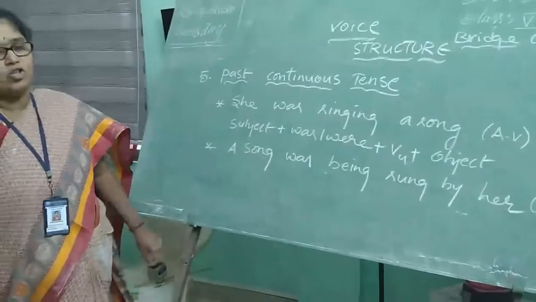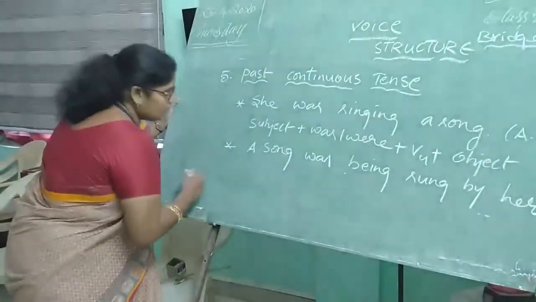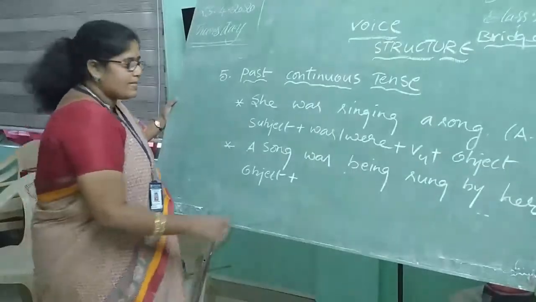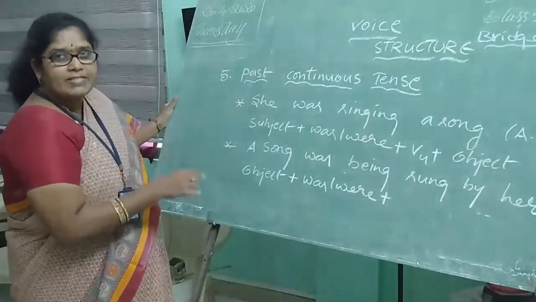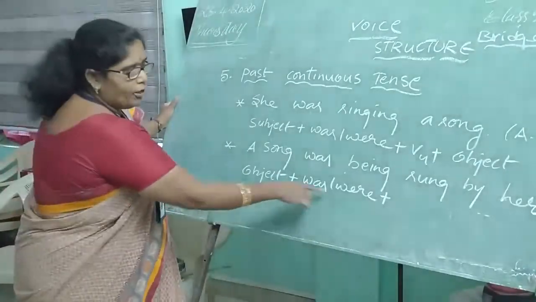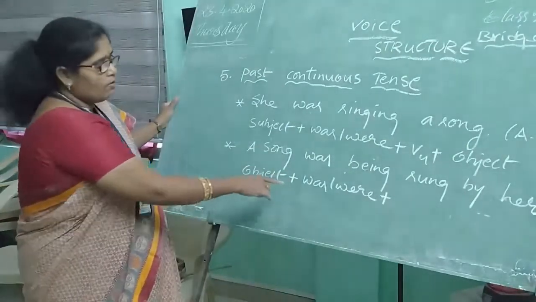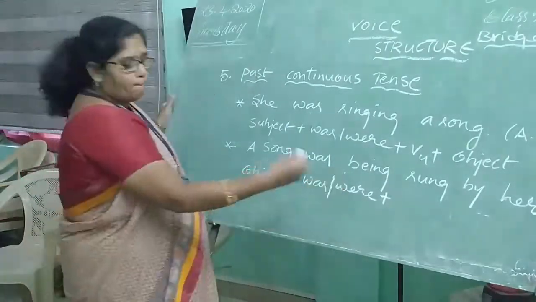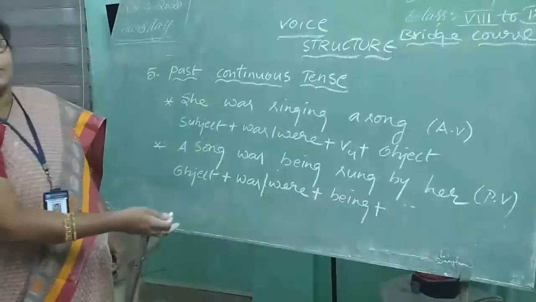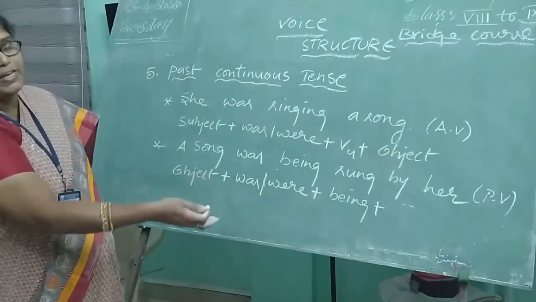Okay, a song was being sung by her is the passive voice for past continuous tense, children. So structure: object plus was or were, any one you have to choose. In the structure we have to write both was or were plus being, as it is continuous tense, surely we have to use being.